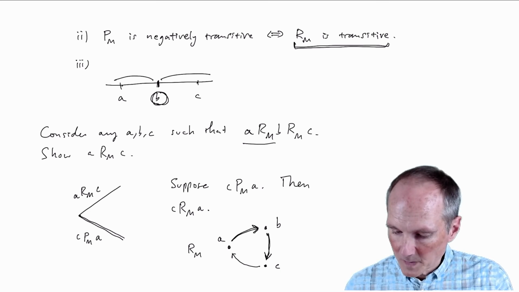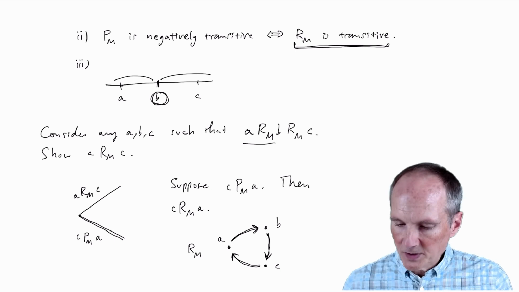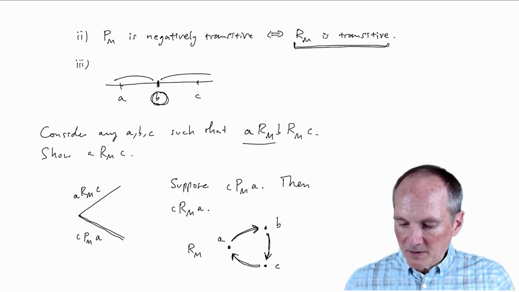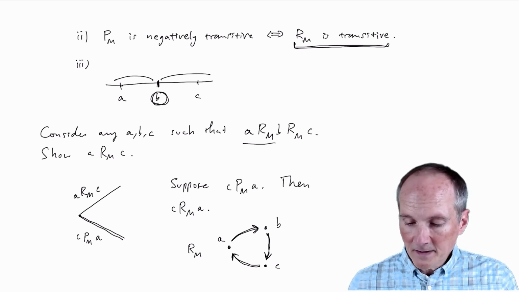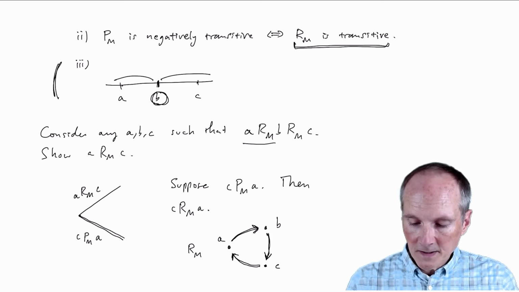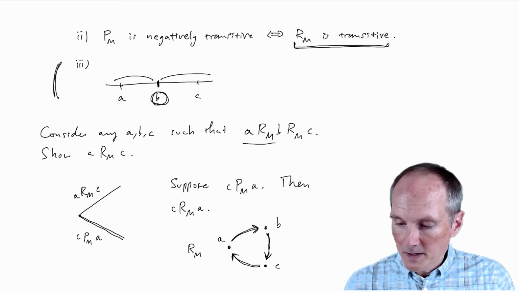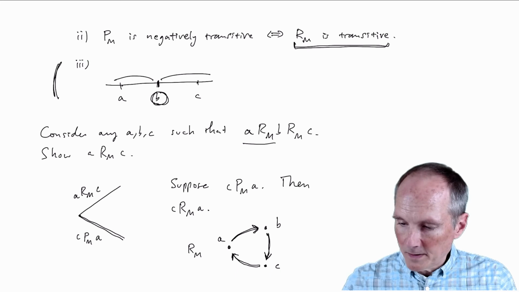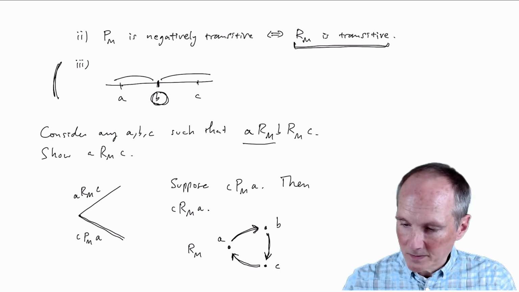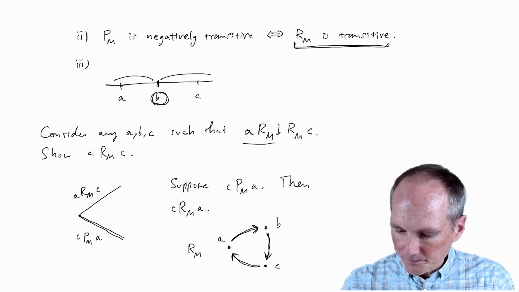All right. So I'm going to show that having a weak majority preference cycle like that contradicts this third observation here. All right, and we're going to use the first observation.